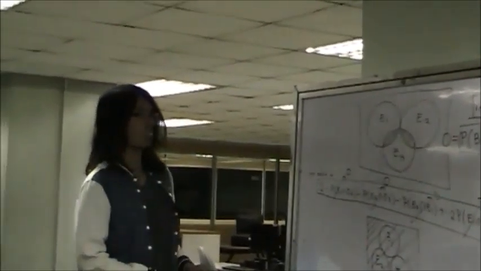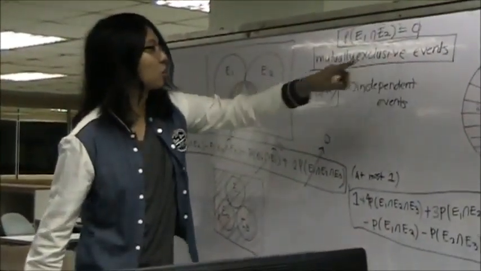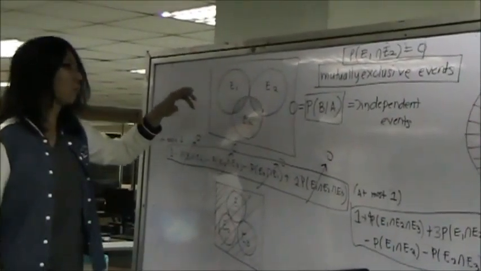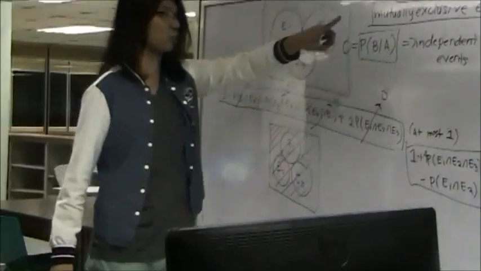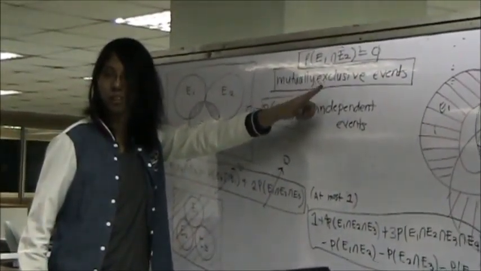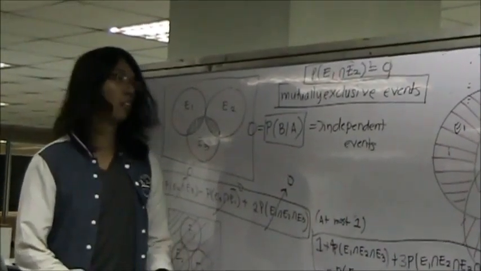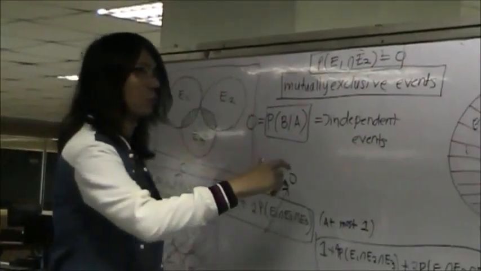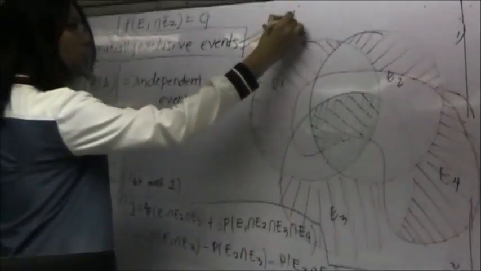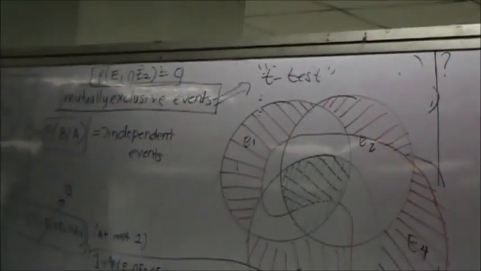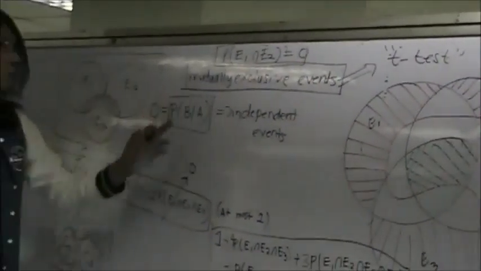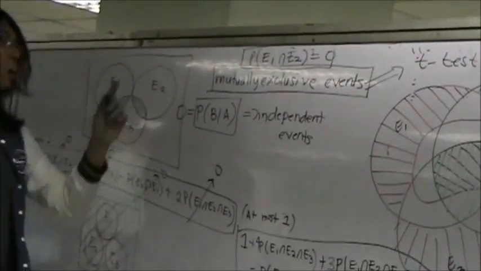But anyway, for today, we'll just end up with mutually exclusive events, and I'll give you one last problem before we end, where we talk about exclusive and mutually exclusive events. And later on, put that in your mind, because we're going to relate this to the t-test, and how mutually exclusive and non-exclusive events are related to it.